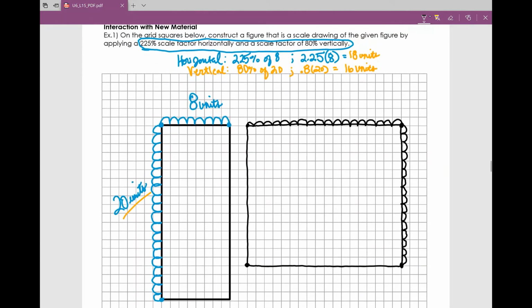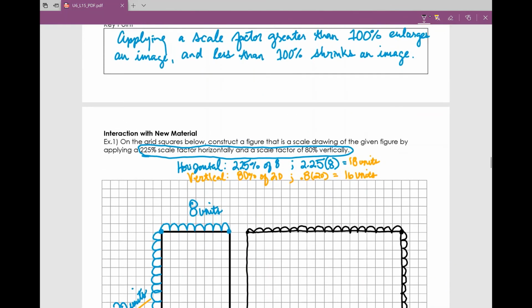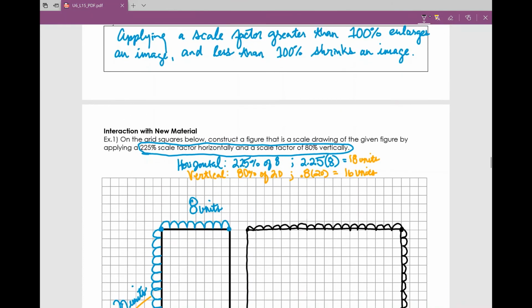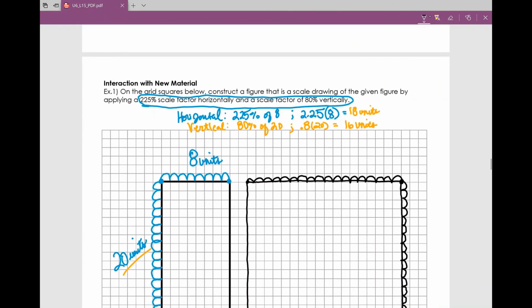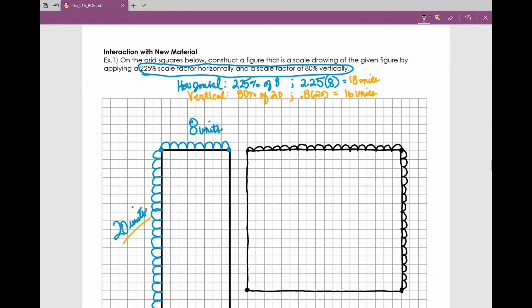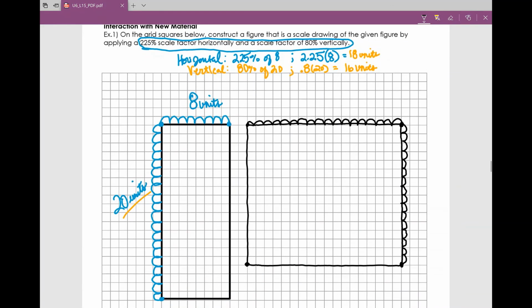So let's look again at the key point to make sure that we did everything. It says applying a scale factor greater than 100% enlarges an image and less than 100% shrinks an image. Now, how does that apply to this one? It made it much larger. I see, it didn't make it longer though.